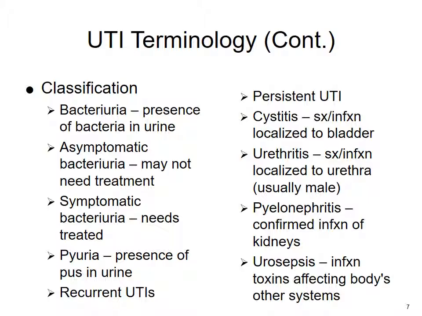Pyelonephritis is a confirmed infection of the kidneys. And then urosepsis is when a UTI, the infection is releasing toxins that affect the other body's systems as well. And you know this happens with all types of sepsis.